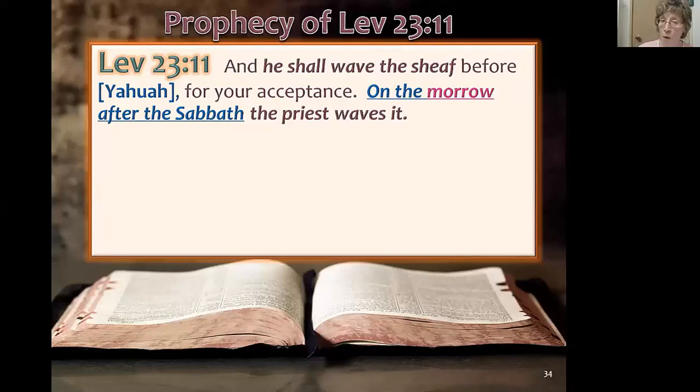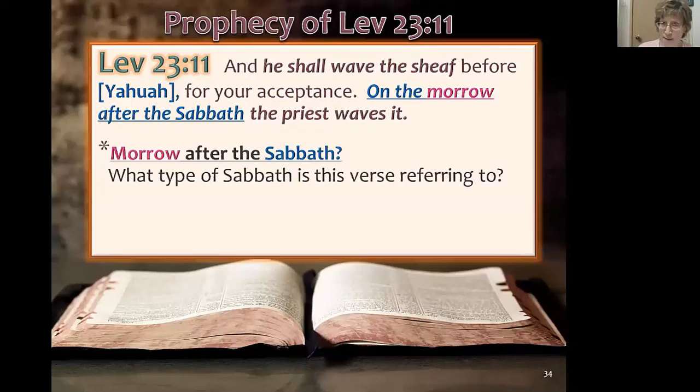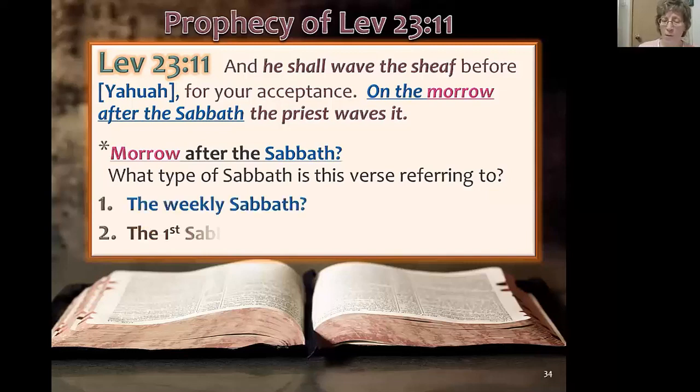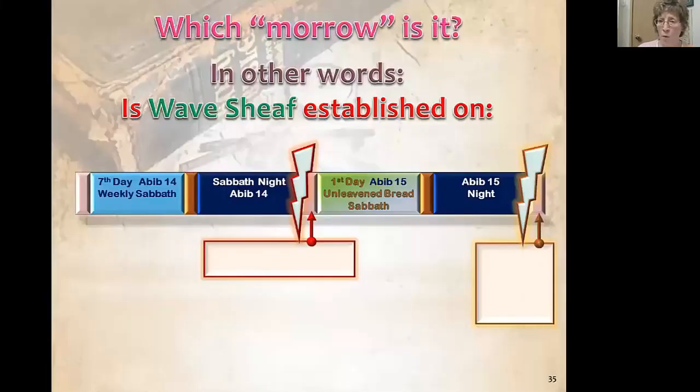On the morrow after the Sabbath, the priest waves it. Morrow after the Sabbath? Now, what kind of Sabbath is that verse referring to? Because we are dealing here with a weekly Sabbath, and we also have a first Sabbath of unleavened bread. We've got two Sabbaths here. Which one can it be? Which morrow is it?